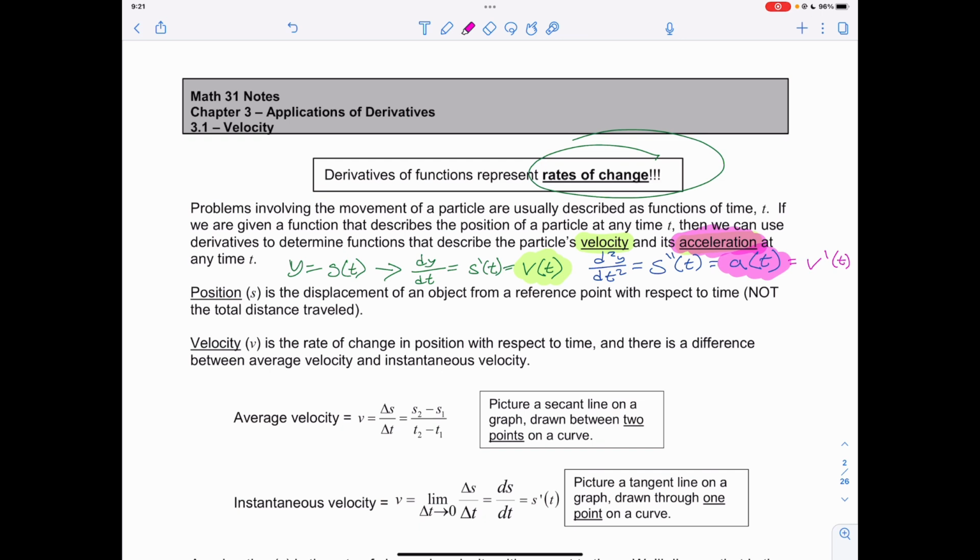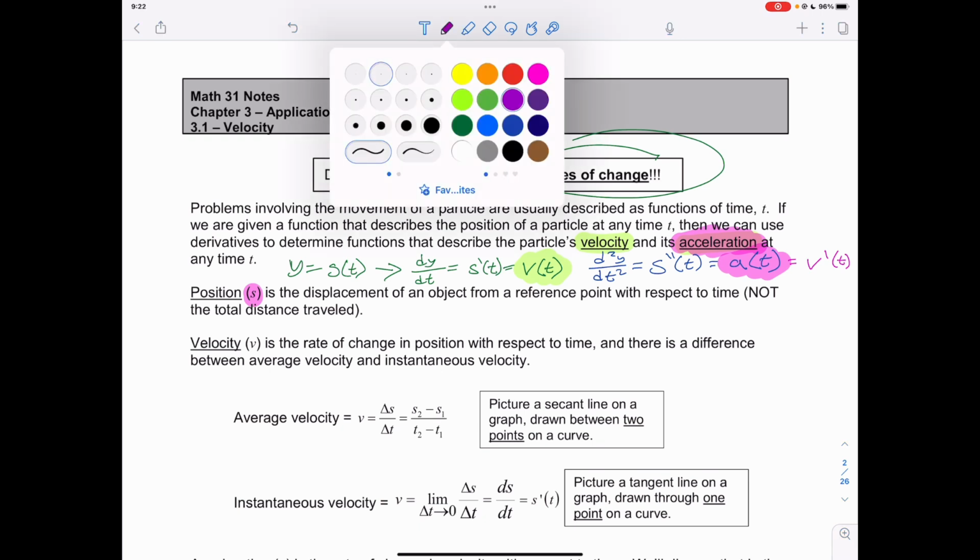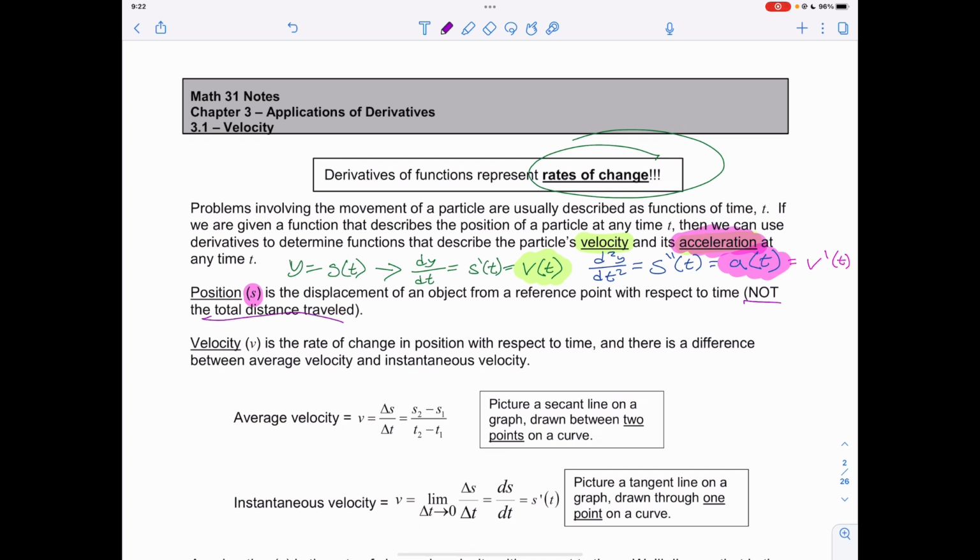We do this in terms of our position, which is going to be represented by s, and it's the displacement of an object from a reference point with respect to time. Make sure that you recognize that that is not the total distance that is traveled. It's looking at where something started and where something ended up. And the velocity is the rate of change in position with respect to time, which often we use the term velocity interchangeably with speed.